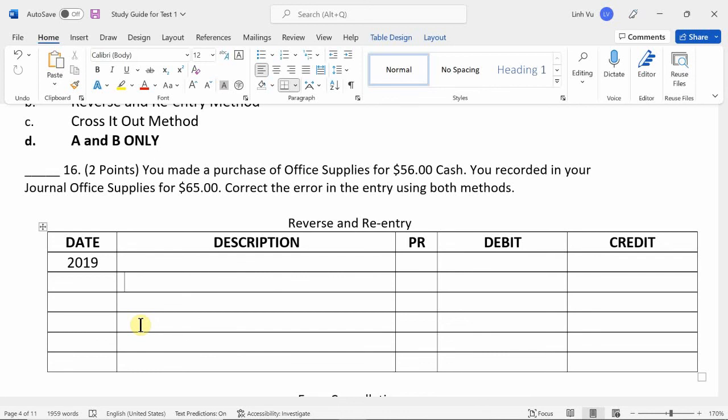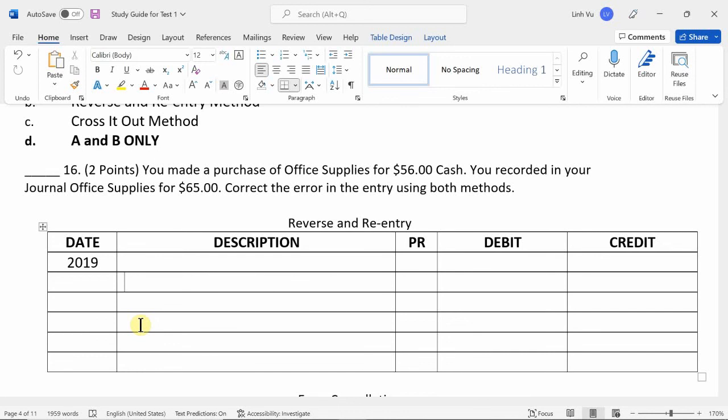Okay, it would be office supplies for $56 when it was originally written, and it would be cash for the $56. To reverse it, you will put the same date, and you will put $65 for office supplies and $65 cash. What comes first? Are you debiting the office supplies or are you crediting the office supplies?